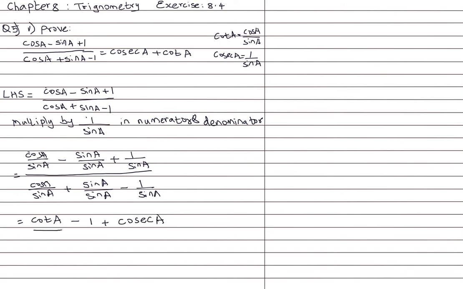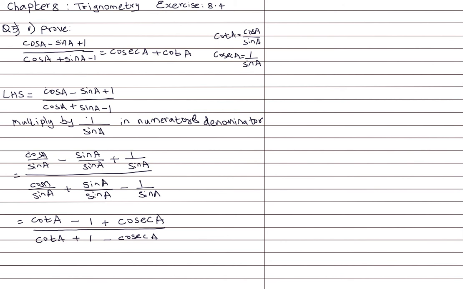We are trying to match it to RHS. Cos A by sin A is cot A plus sin A by sin A is 1 minus cosecant A. Still we are not getting the RHS. Now we have to see what we can do.